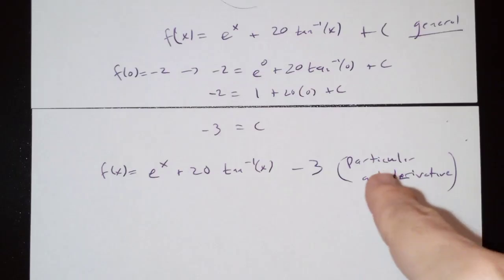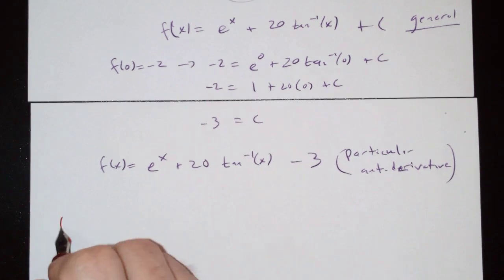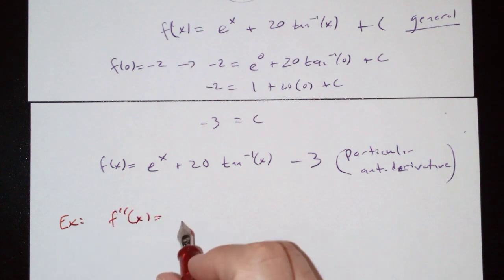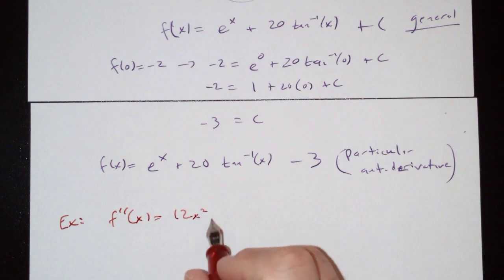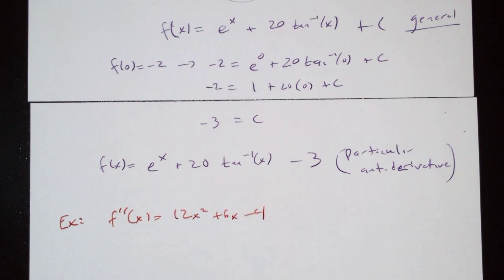But if I want a particular solution, I need as many initial conditions as the order. So if I have this derivative, f double prime of x is 12x squared plus 6x minus 4, and I want to get back to the original function, I need two initial conditions.